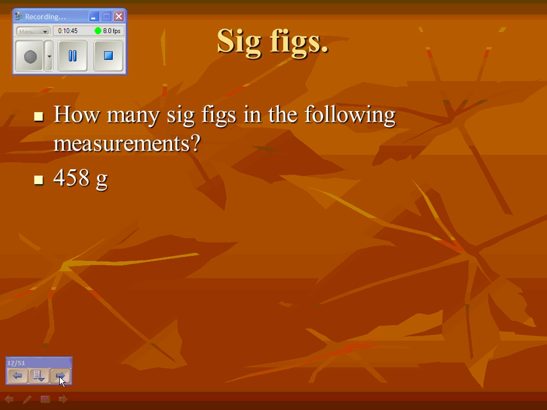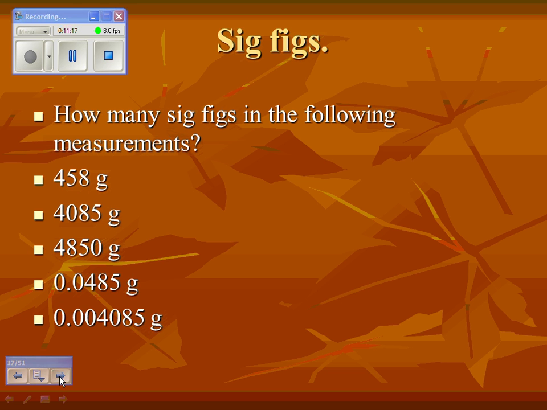So this number, 458 grams, has 3 significant figures. 4,085 grams has 4 significant figures. 4,850 grams has 3 significant figures. 0.0485 grams has 3 significant figures. 0.004085 has 4 significant figures.